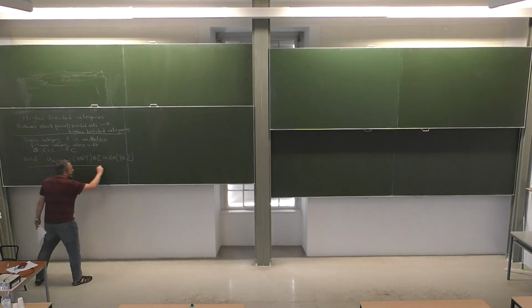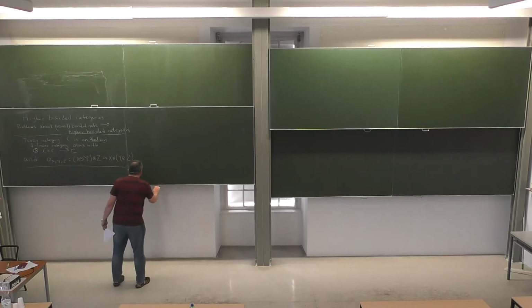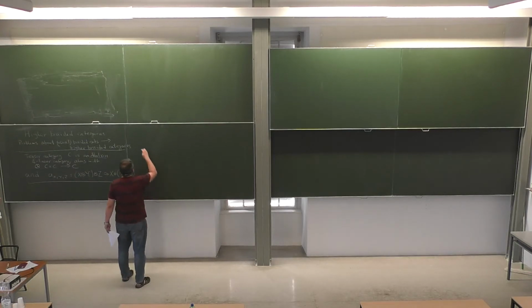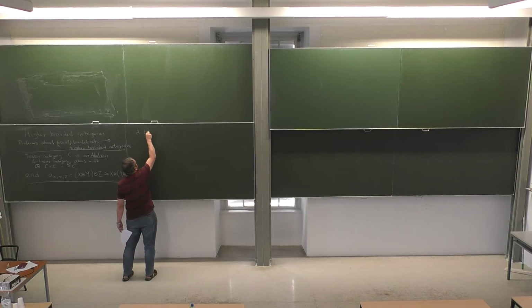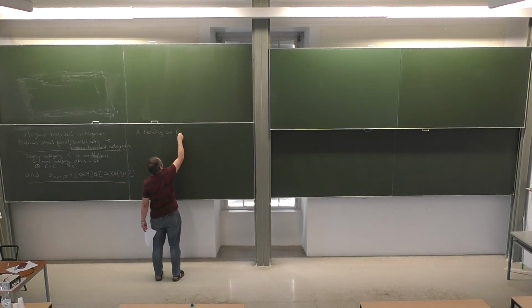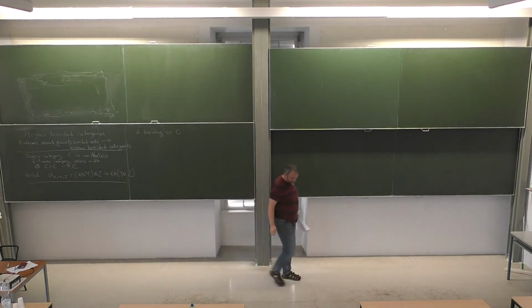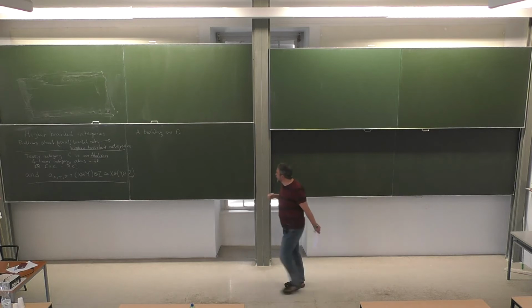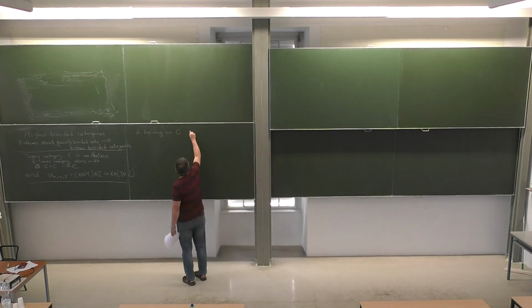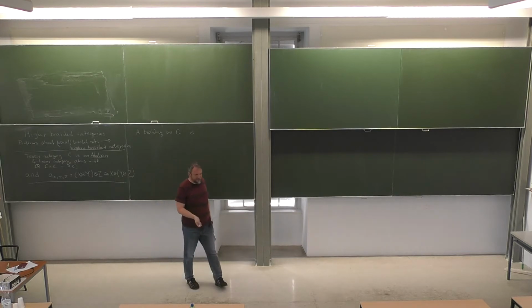Now, a braiding is an additional structure on C, and I don't think such categories appeared earlier in this conference. If this is an associativity constraint, then braiding is a commutativity constraint.